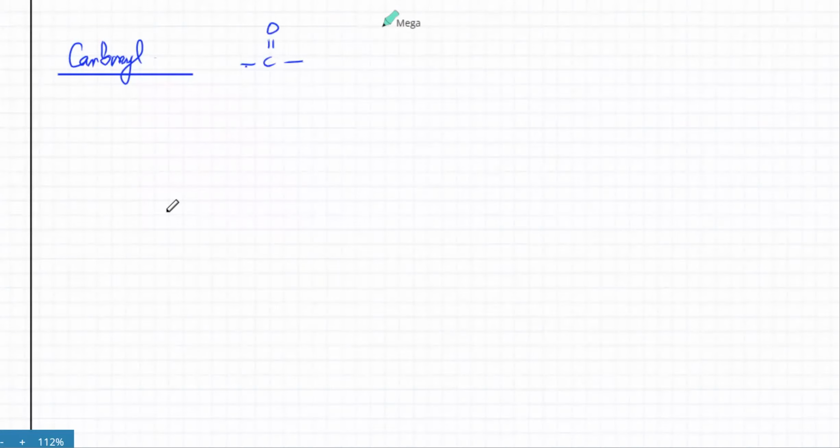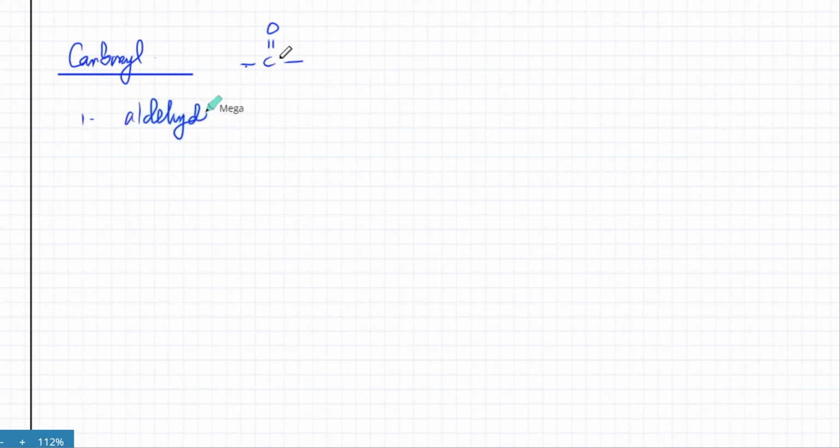Lots of groups have C double bond O in them. A carbonyl group is C double bond O, that's it. Not C double bond O and OH, not an ester, not C double bond O and NO. It's got hydrogens or carbons next to it. It will just be C double bond O. That's what carbonyl stands for. And there are two carbonyl groups. One of them is aldehyde. Now, in an aldehyde, the double bond O appears at the end of the chain.